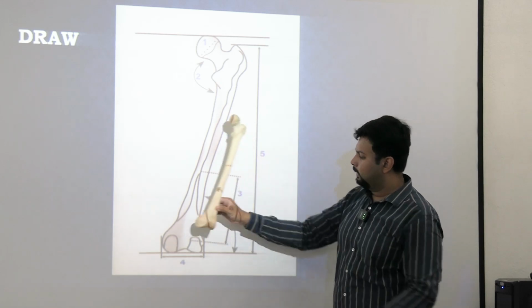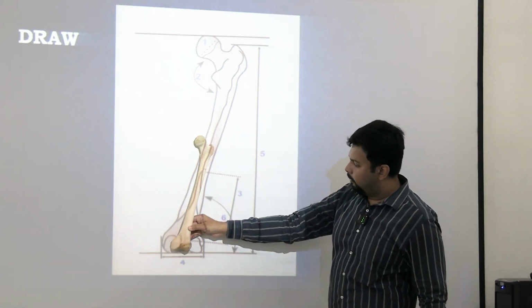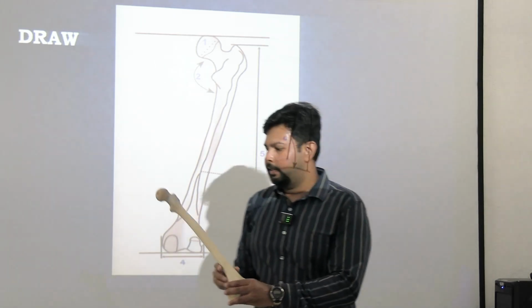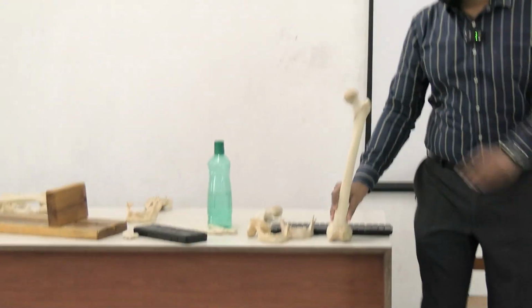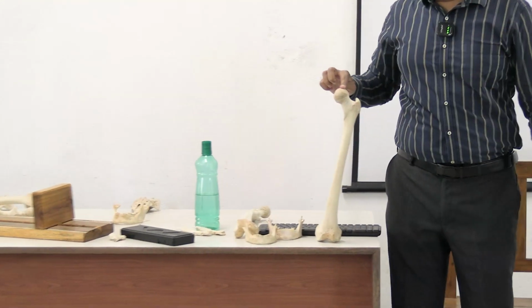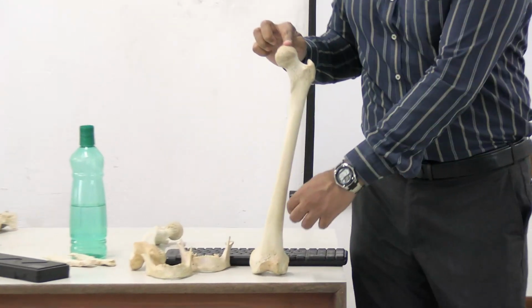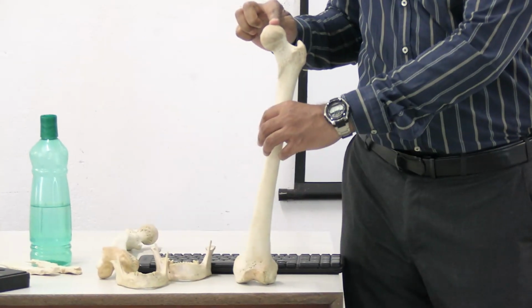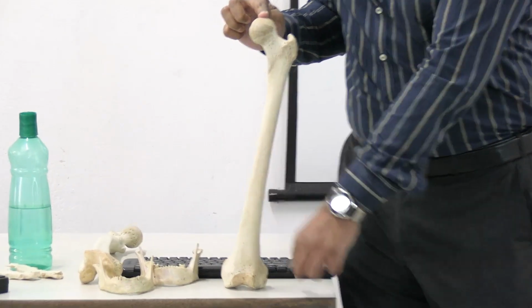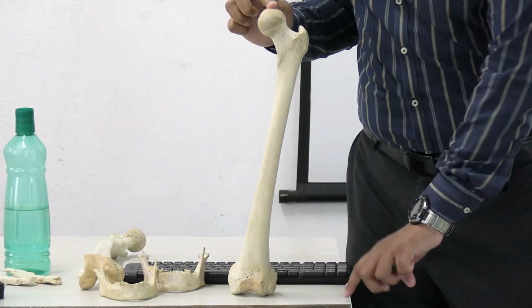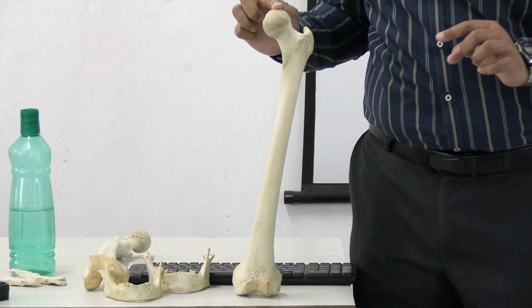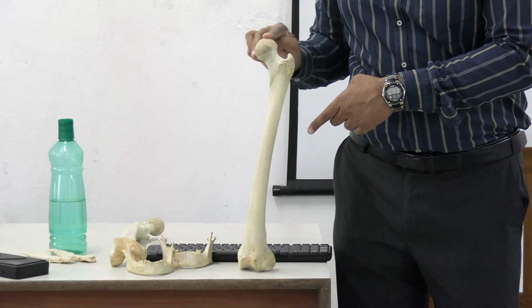If we place it like this, there will be an angle formed. Wait, I will keep it here and then you can understand. See here, I have placed this femur in the lateral aspect. There is an angle formation, this side. Clear? Everybody can see that?